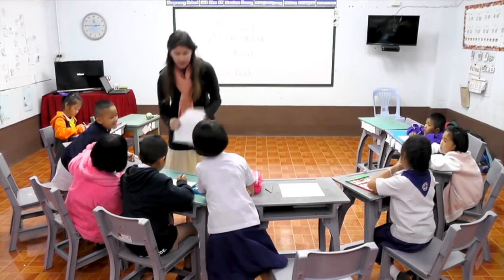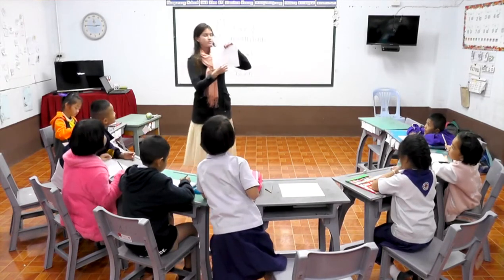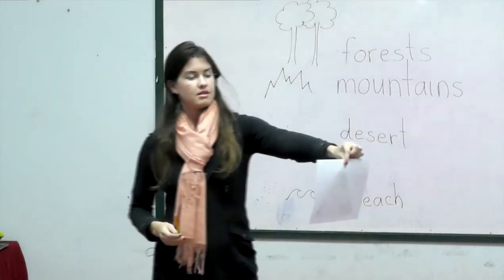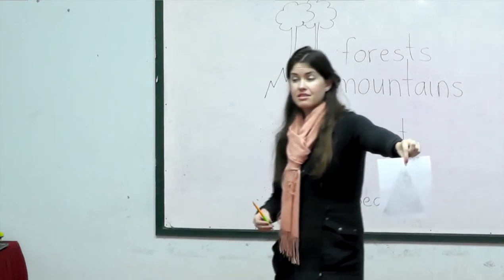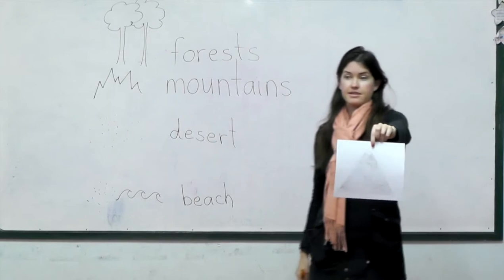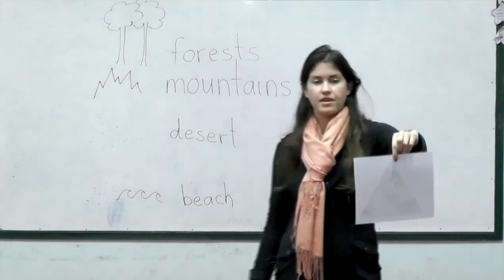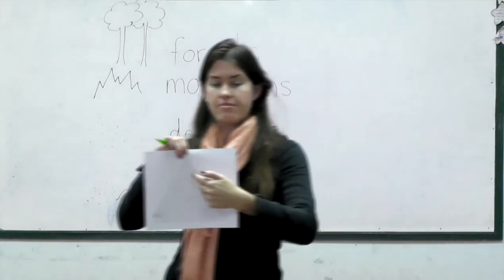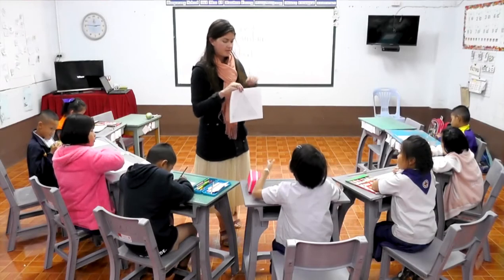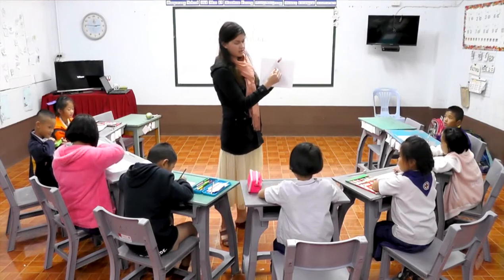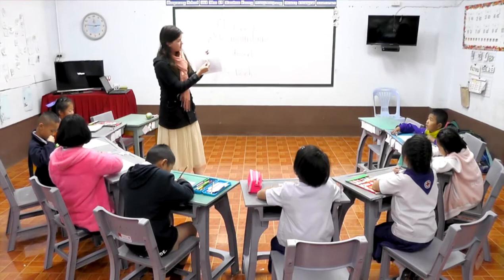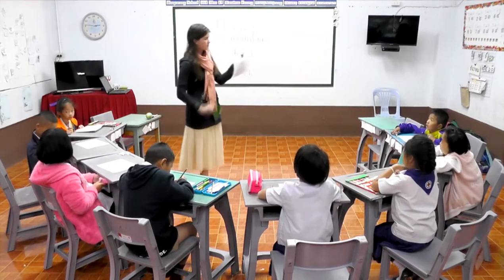This continent is very hot. This one, you're going to write desert. This one is very, very hot. There's not very much water. There's a lot of sand. So for this continent, we're going to label desert. Make it big enough to fit, so it fits right on here.